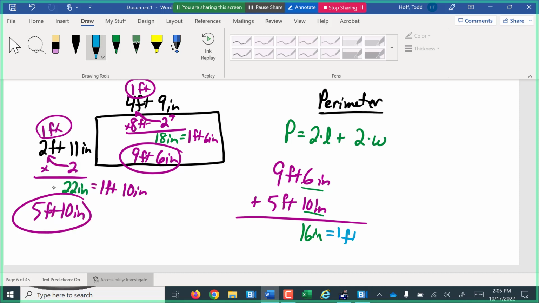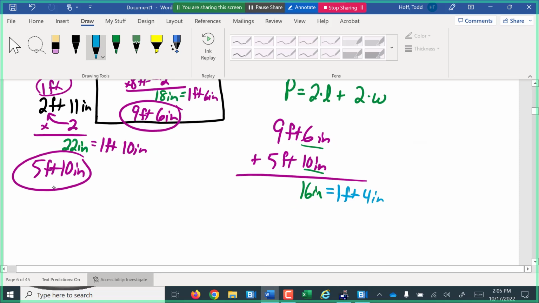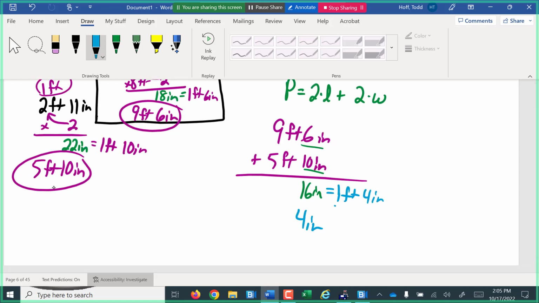It's 1 foot with how many inches left over? 4 inches. So we'll keep the 4 inches. Carry the 1 foot. 1 foot, 9 foot, and 5 foot make 15 feet. So the perimeter of that is 15 feet 4 inches.